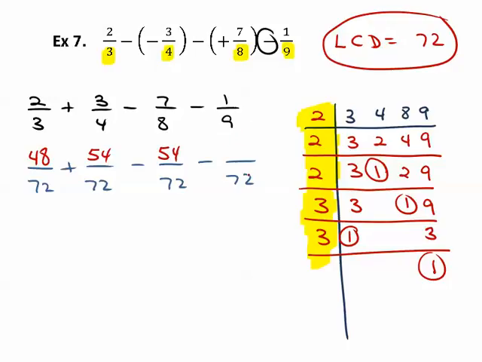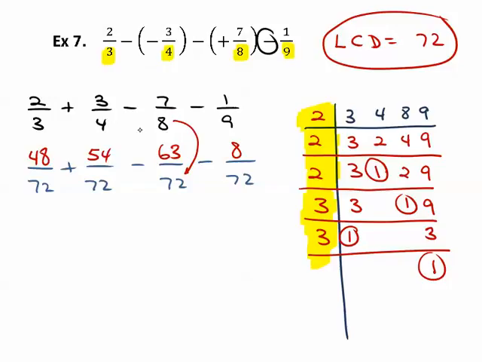And then 9 divides into 72 8 times. 8 times 1 is 8.